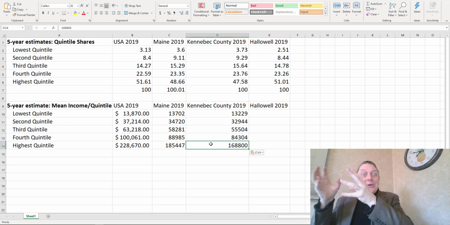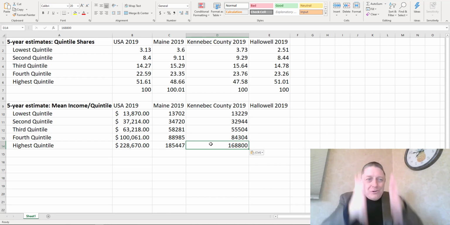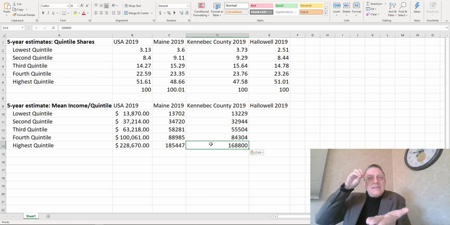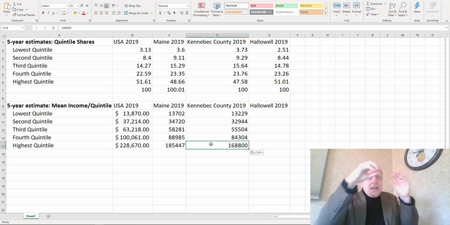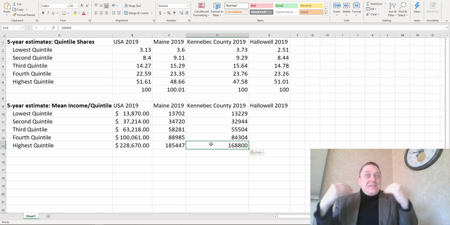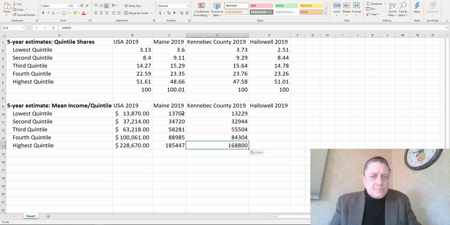And in Maine, each of those quintiles is earning less than in the United States. So Kennebec County is experiencing both less income inequality, but also less income for each of those quintiles.